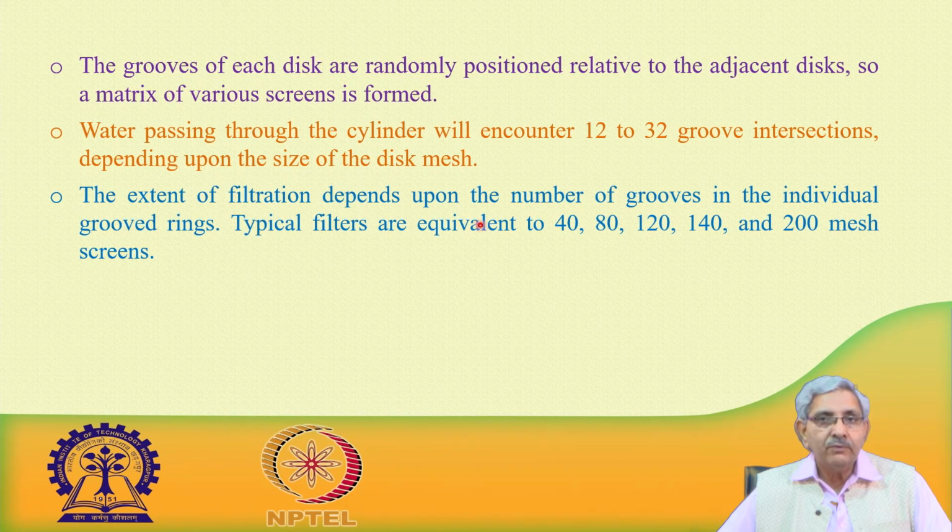The extent of filtration depends on the number of grooves and individual grooved rings. Typical filters are equivalent to 40, 80, 120, 140, 200 mesh screen filters. So it is equivalent to a screen filter when we are using this type of disc filter.